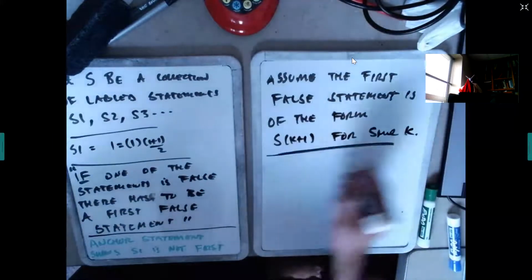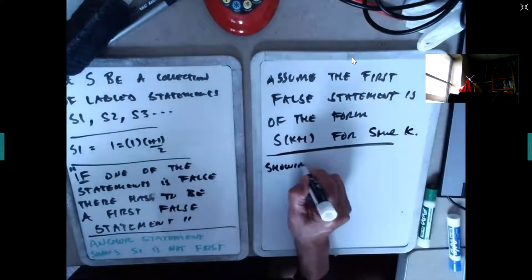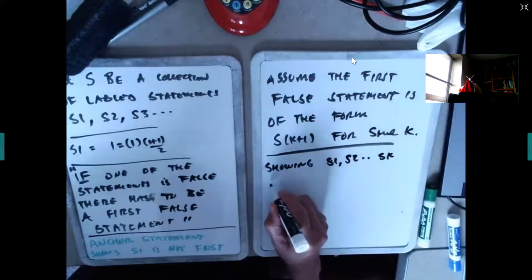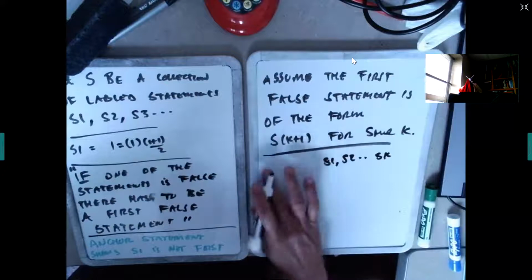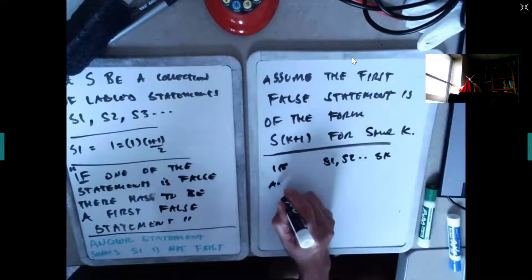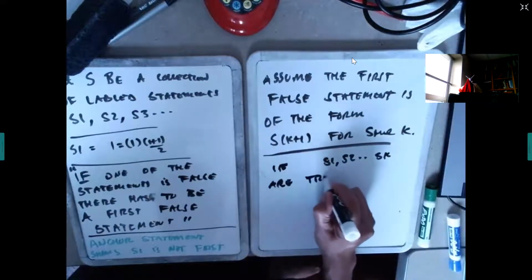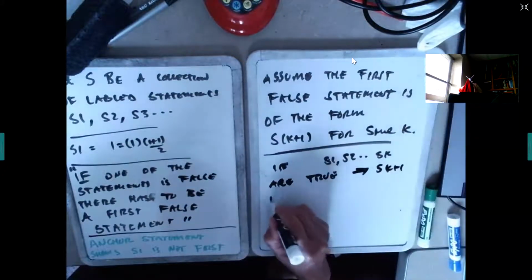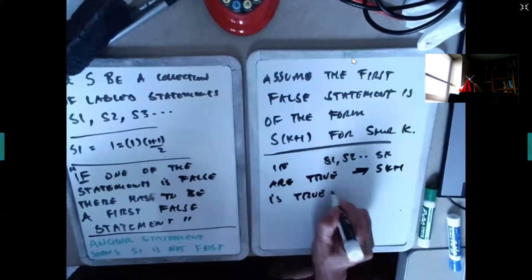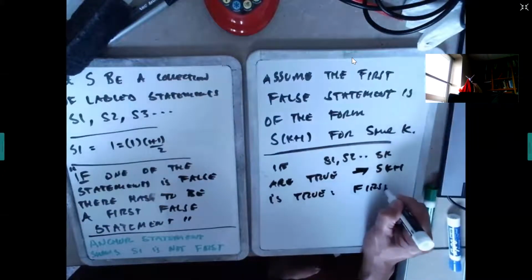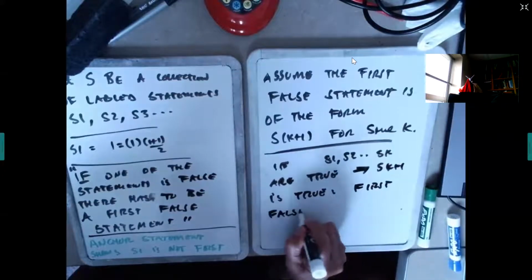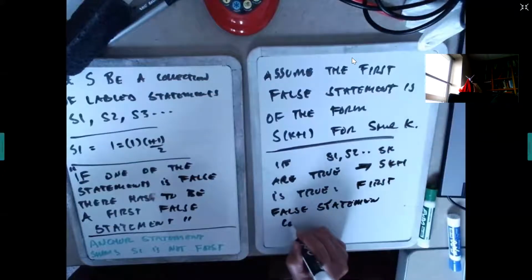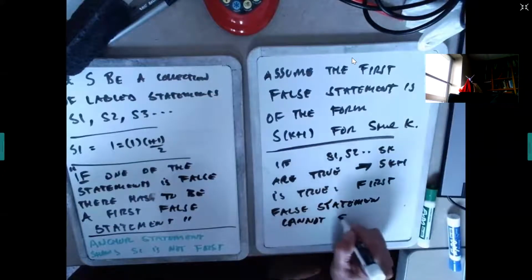Then what happens is, showing that S1, S2, all the way to Sk are true, and that these imply that S of k plus 1 is true, means the first false statement cannot exist.